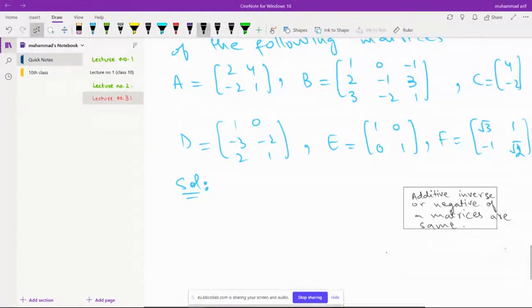Now we write the negative of matrix A. We change the sign of all the elements, and we get the negative of matrix A.